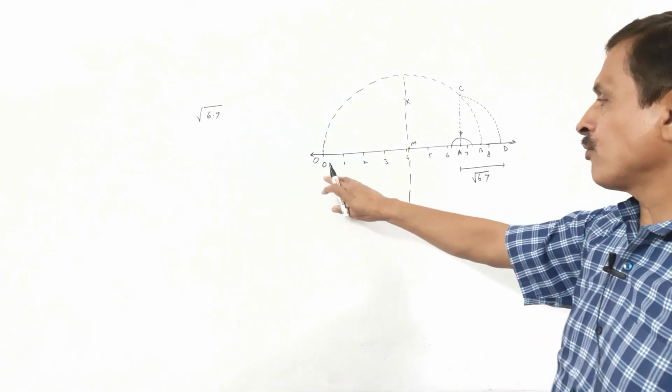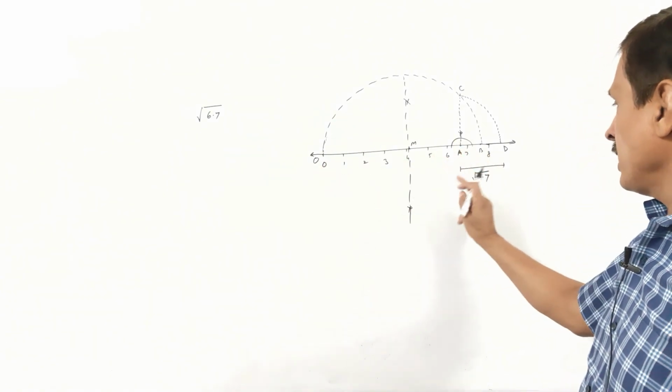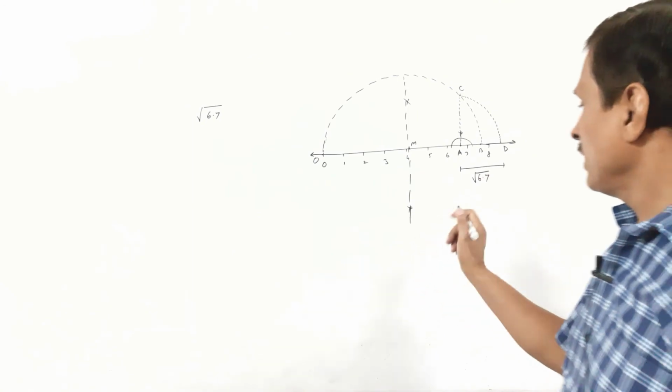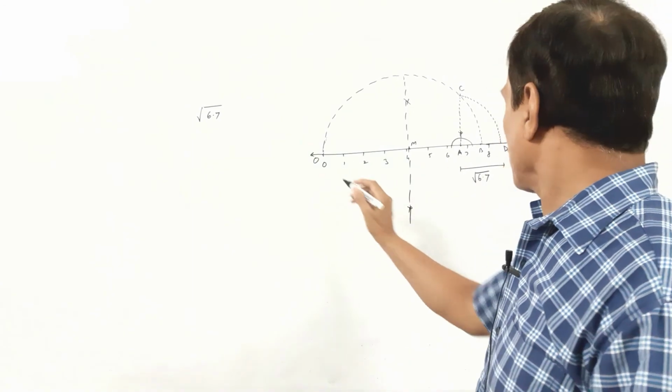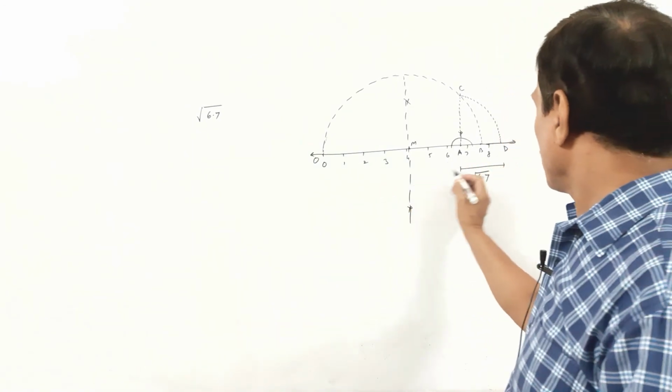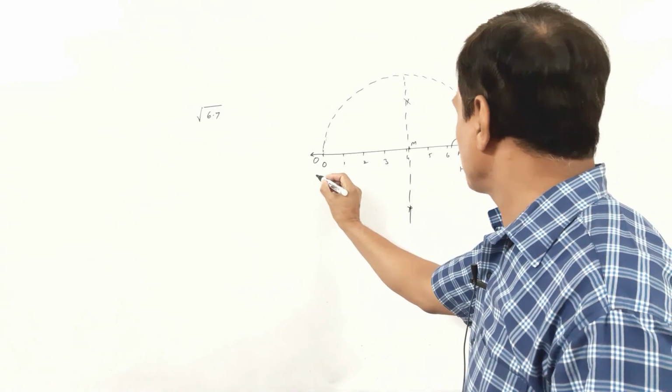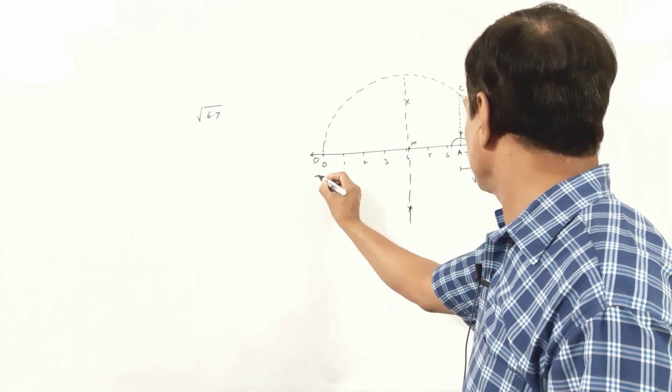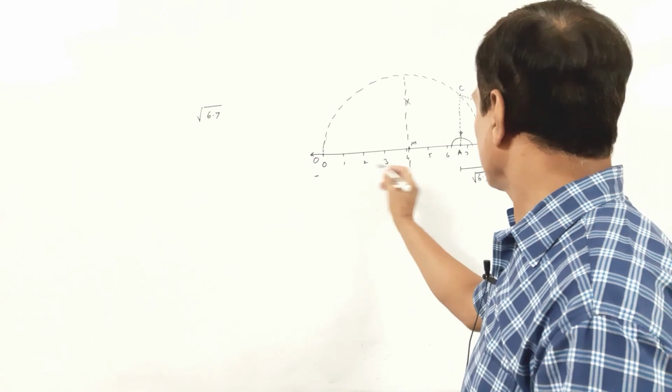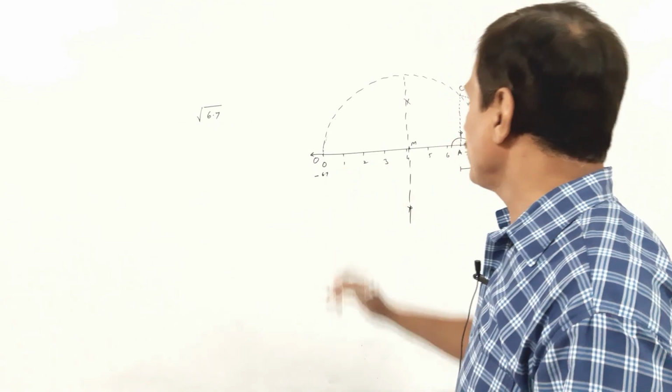So shifting the origin from O to A, AD is equal to root 6.7, and thus this point becomes minus 6.7.